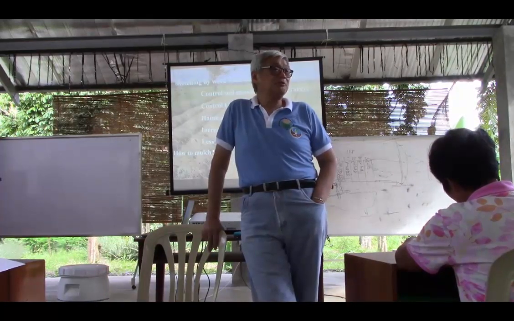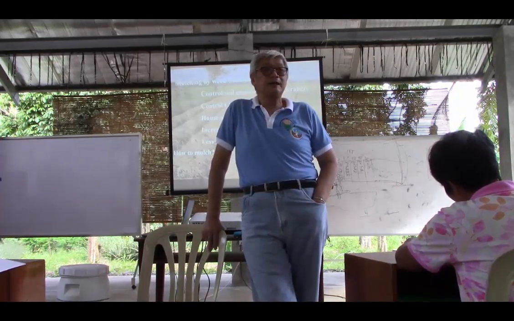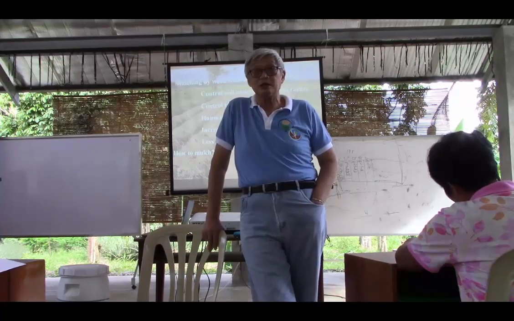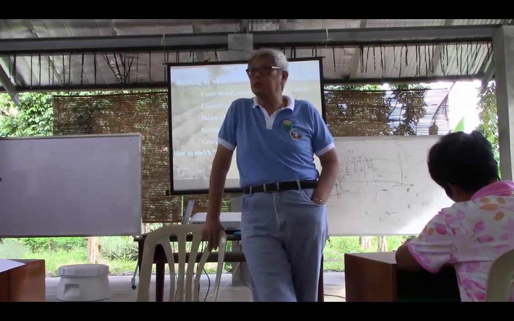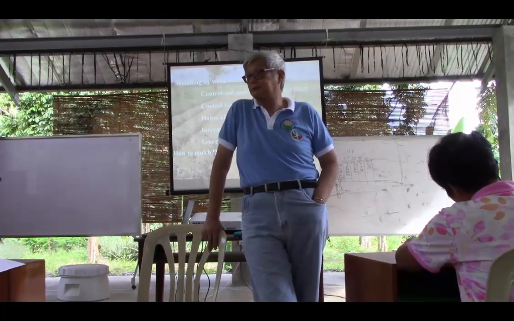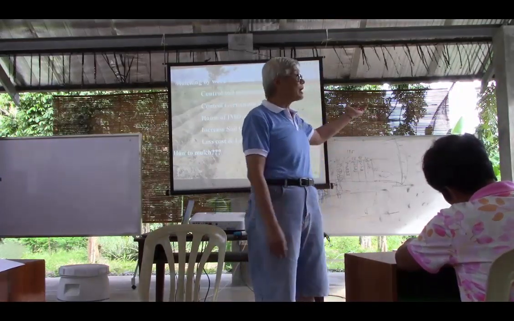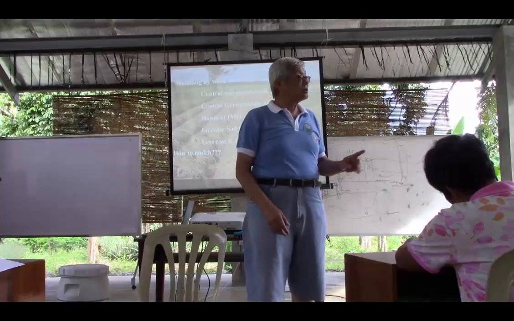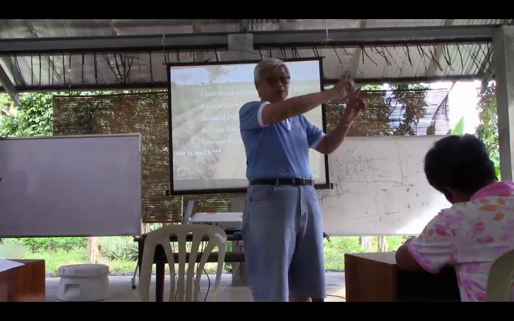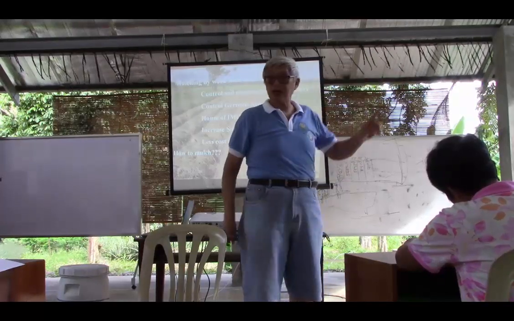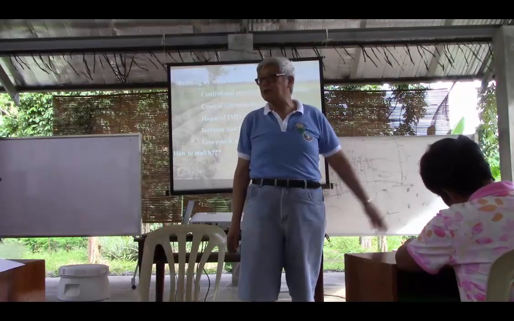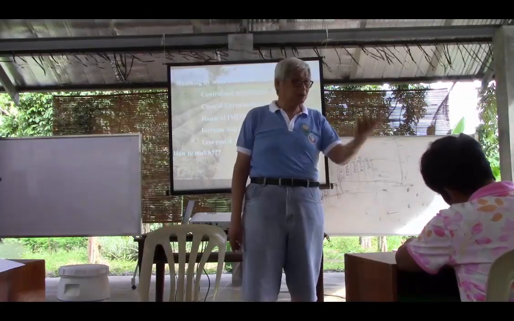So you have to develop the farm. You can plant a lot of shrubs, legume shrubs, that will bring fertility to your soil. In the boundary, Hamud, when we were coming in, he saw some shrubs in the boundary. What kind of shrub is that? I said, Madre cacao. That's a good way to do your boundary.